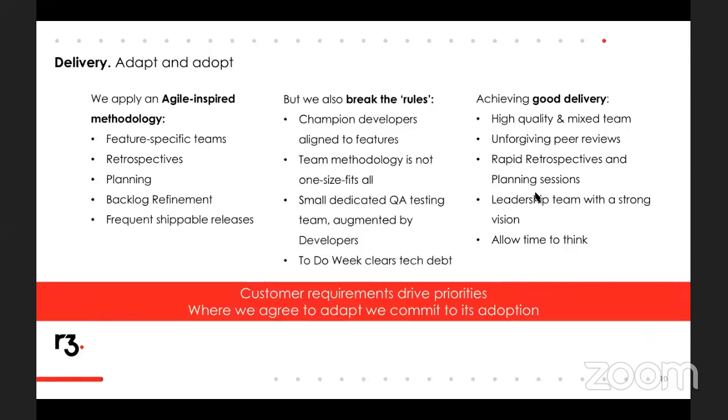So we have what we call champion developers, and they would own a particular feature so that we can have the depth that we need to build successful and complex solutions. And we also find that where we've got multiple smaller teams concentrating on particular features, we like to give those teams the freedom to apply a delivery framework which suits them.